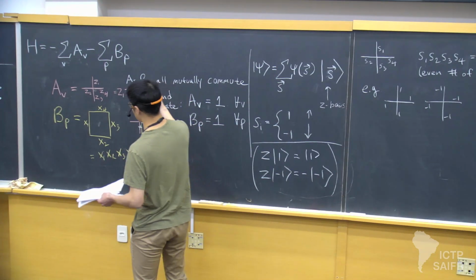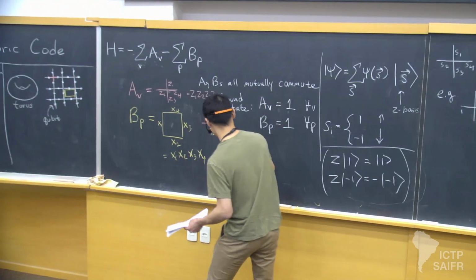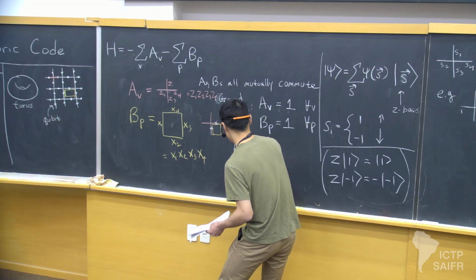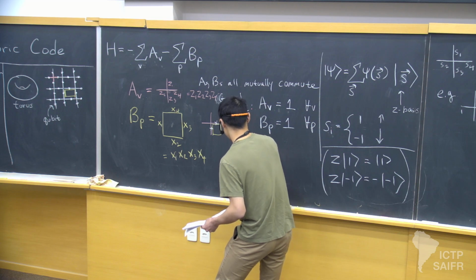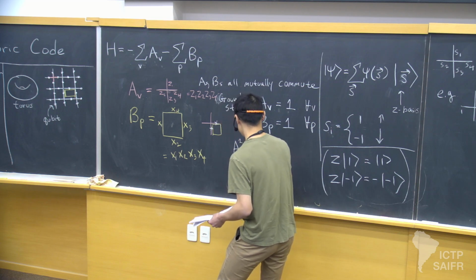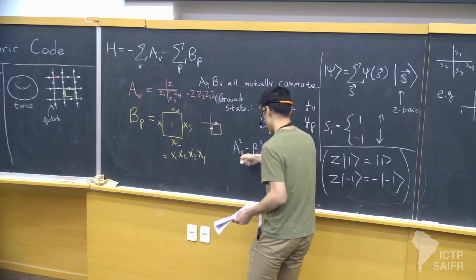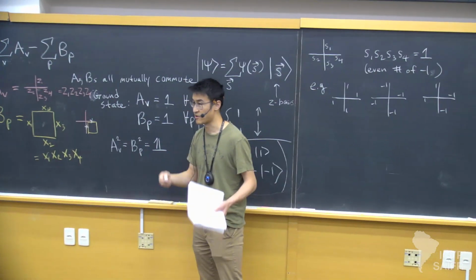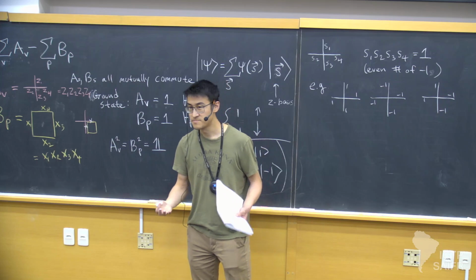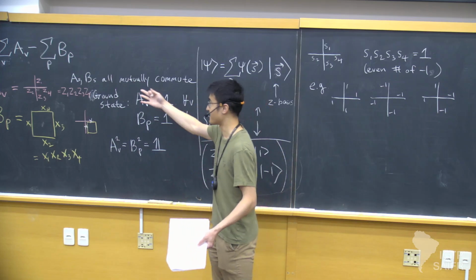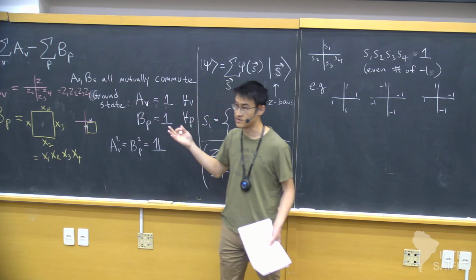Let me be more explicit. A_V squared equals B_P squared equals identity. So the eigenvalues of A_V and B_P are all plus or minus 1. And they all commute, so we want to minimize the energy by setting them all to 1.